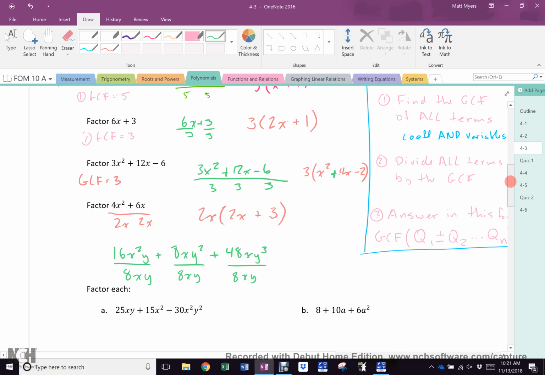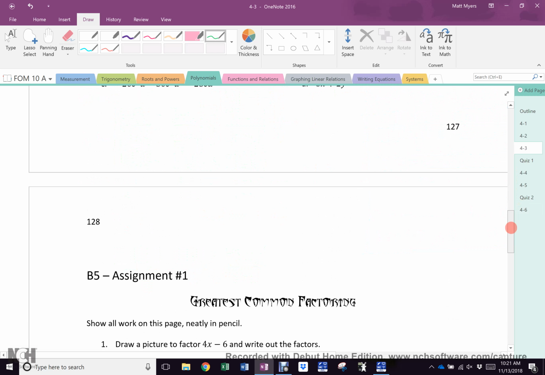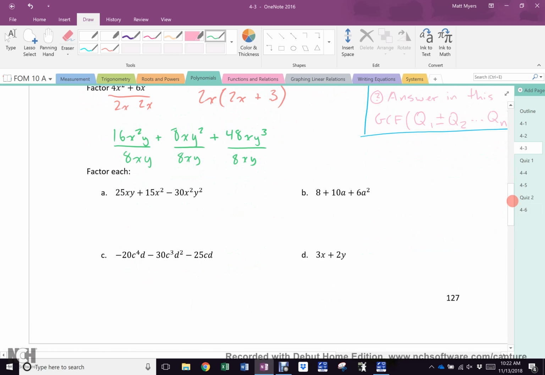Okay, let's do these 4 together, and then I'm going to give you work time. While you are working, I'm going to come around and get your score out of 8. Okay? So we're going to work these together. Who would like to offer me the number part of this GCF? What is it? 5. Who would like to offer me the variable part? Holly.